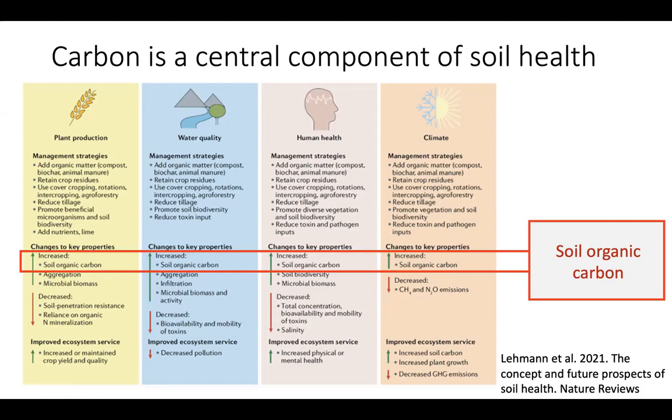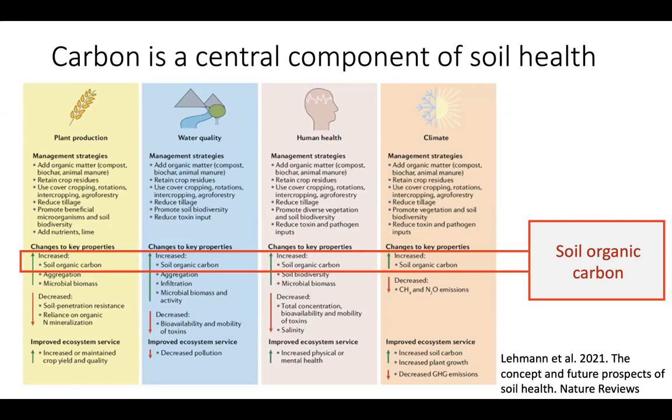And so this figure, each of these colored panels shows one function of a healthy soil that we all care quite a lot about. Plant production, we need to grow food, fuel, and fiber from our agroecosystems, water quality, human health, and climate.